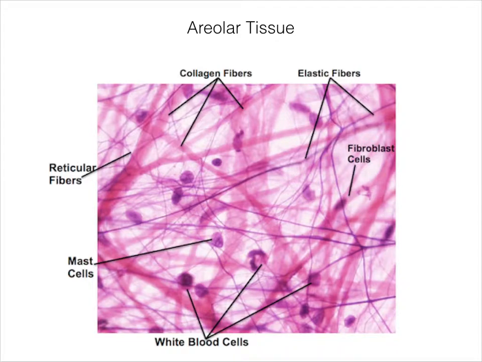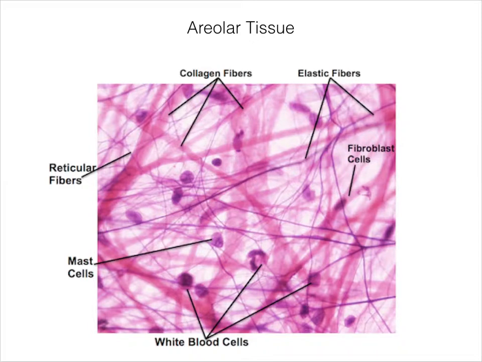Here's more areolar tissue, and again, we can see these big, thick, pink collagen fibers, the thinner, darker elastic fibers, and some reticular fibers as well. Reticular fibers can look like elastic fibers, but they are more branched.